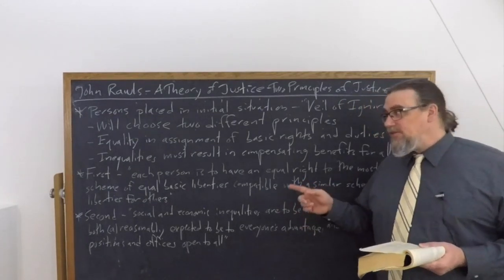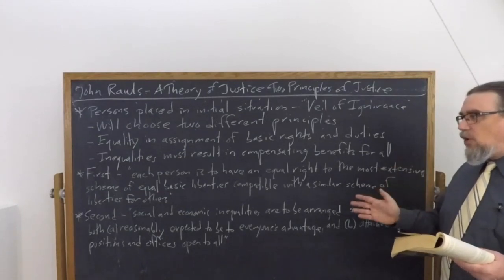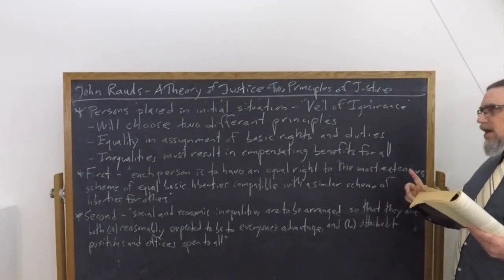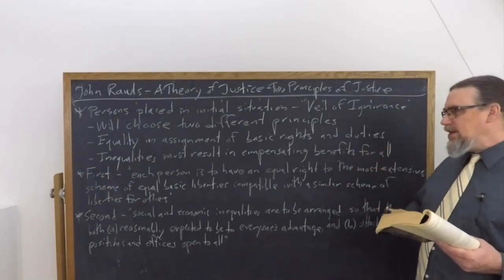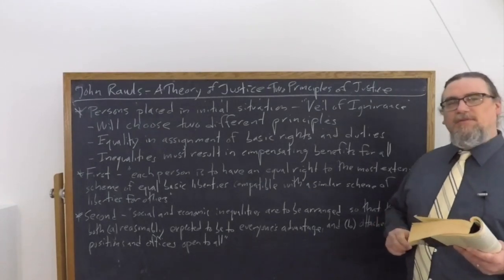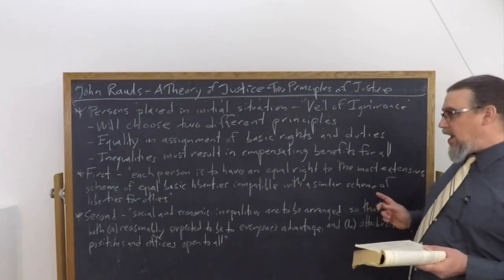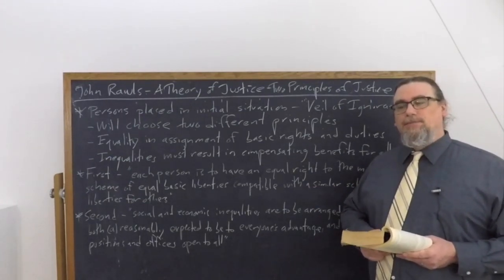The second, he says, and this one has two different parts to it, is that social and economic inequalities are to be arranged so that they are both, here are the two conditions, reasonably expected to be to everyone's advantage and to be attached to positions and offices open to all.